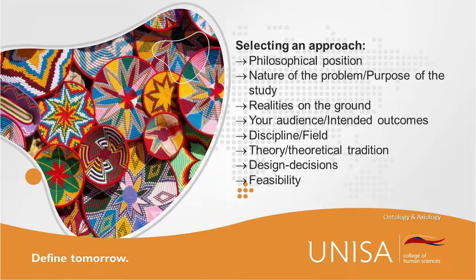As a researcher, you have to be up to date with what's happening in the disciplinary field when you decide on your research approach. When it comes to academic research, theory will always be involved. Whether you are mostly concerned with testing theory or building new theory, you have to think about the theories and theoretical traditions that are underlying your work.